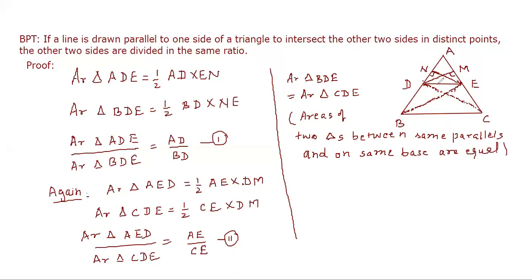Here DE is parallel to BC and DE is the base for both the triangles, for triangle DEB and DEC. So they have the same area.